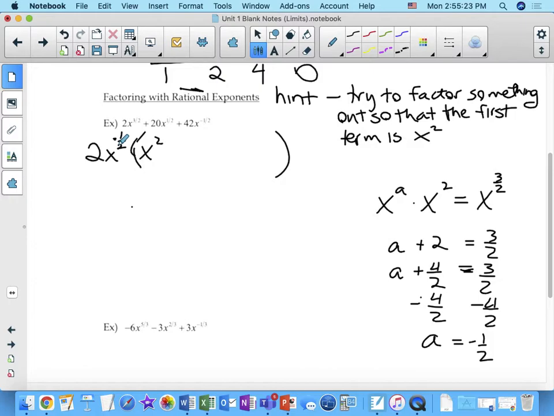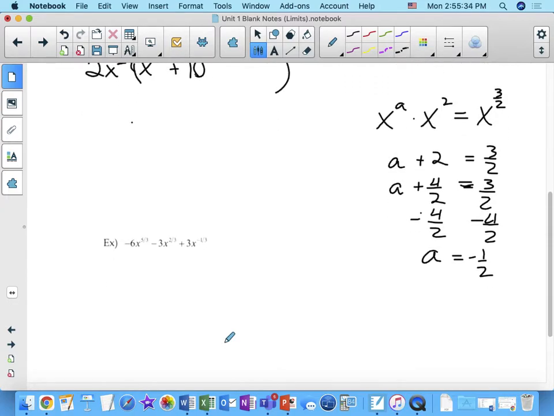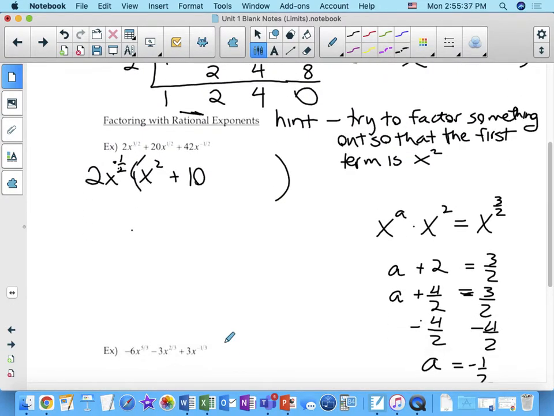Now, this next term. So firstly, 2 times 10 is 20, right? And this is 1/2. Okay, it takes a little bit of time to get the hang of this, but once you do it a few times, it's like, oh yeah, okay, I know what I'm doing now. If you want to know what's left over here, x to the negative 1/2 times x to the a equals x to the 1/2.